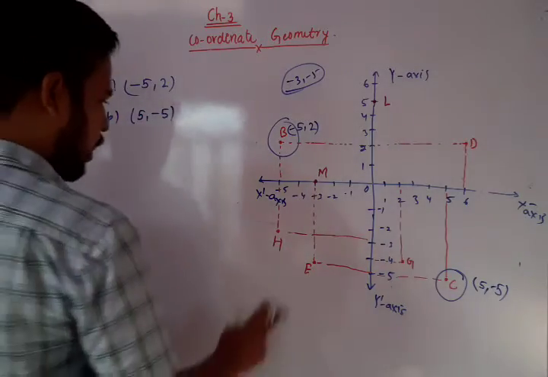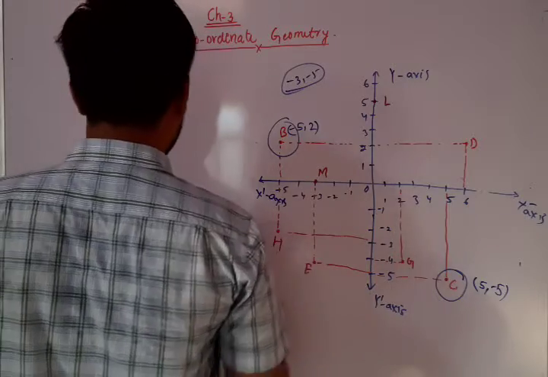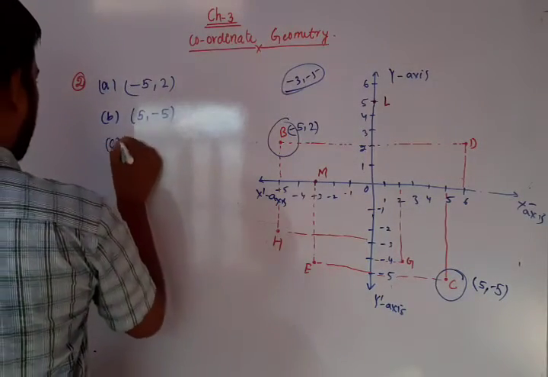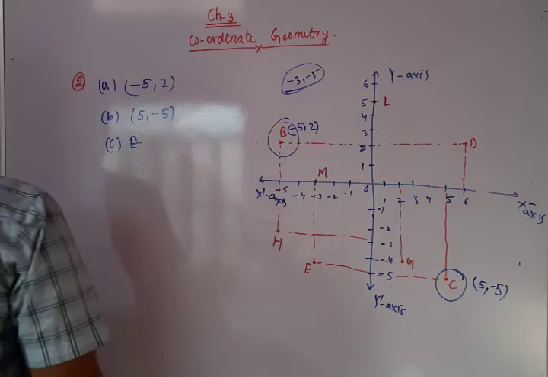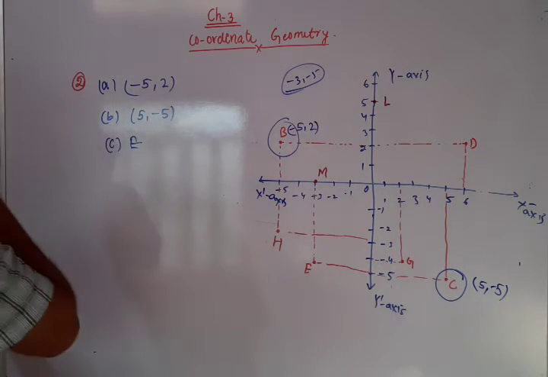Now see E, (-3, -5). So which point will come? E. The (-3, -5) coordinate is indicated by E in the graph.